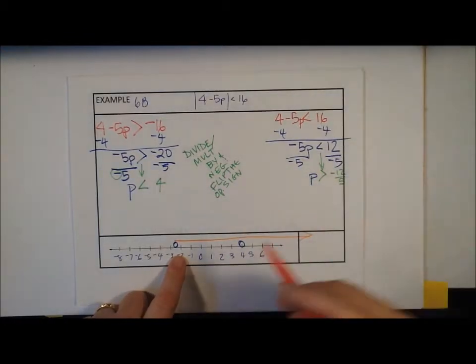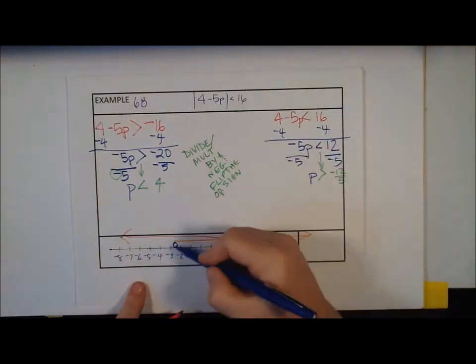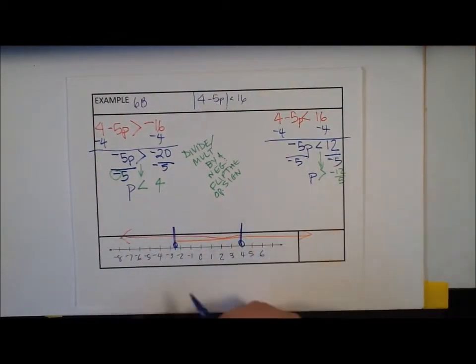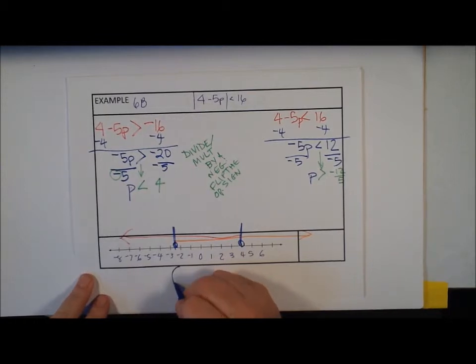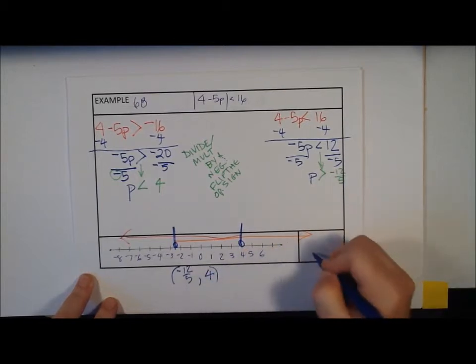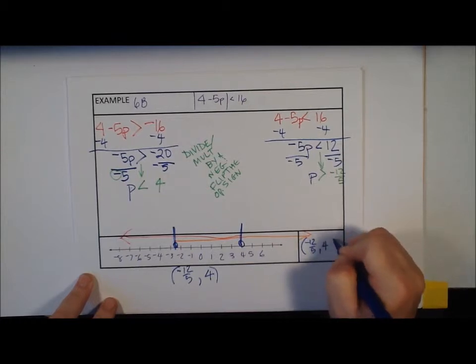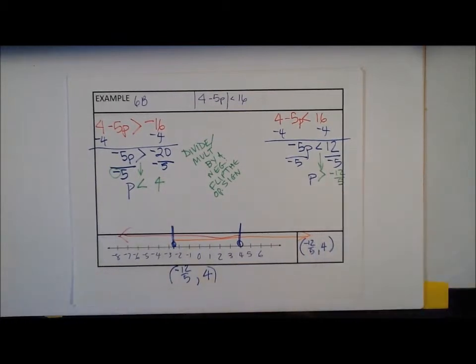And it is less than that. So it lies between here and here. So -12/5, comma 4. And that's going to go in here. -12/5, comma 4. Okay.